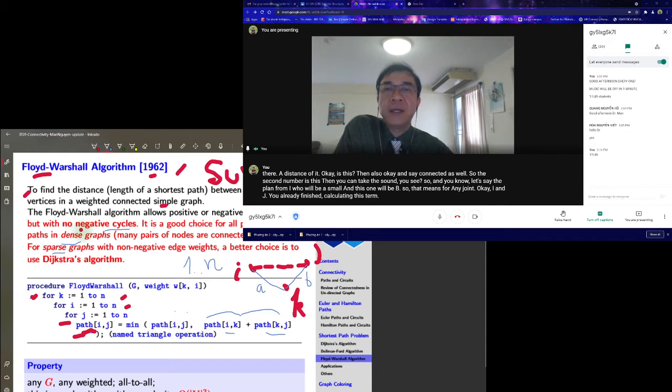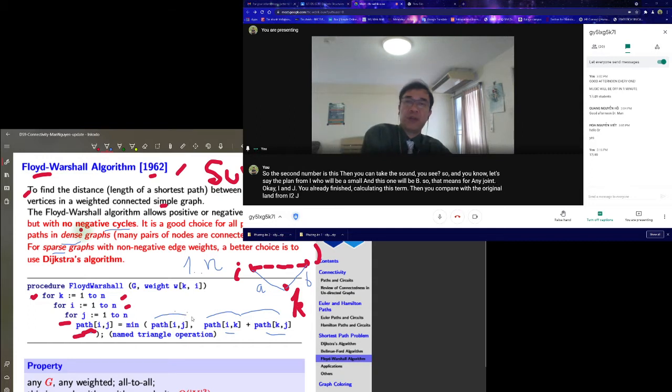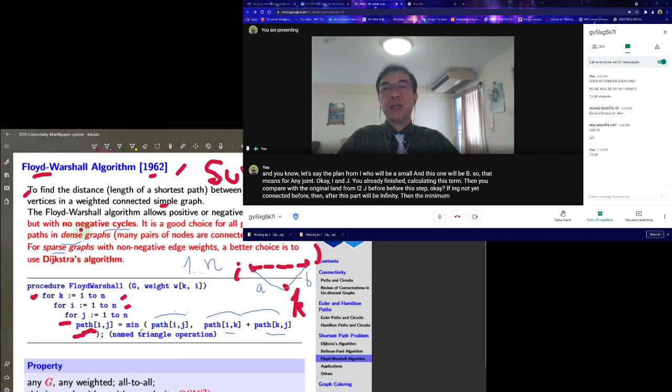Then you compare with the original length from I to J before this step. If I and J were not yet connected before, then obviously this part will be infinity. Then the minimum will give you the value of the sum a and b. You see that? a plus b here.